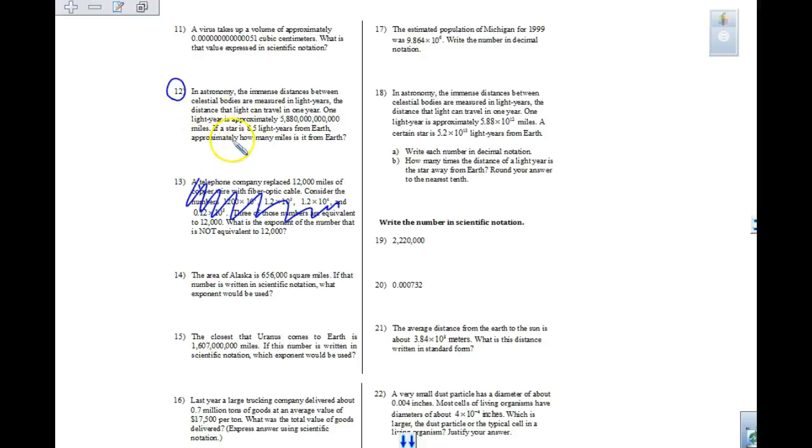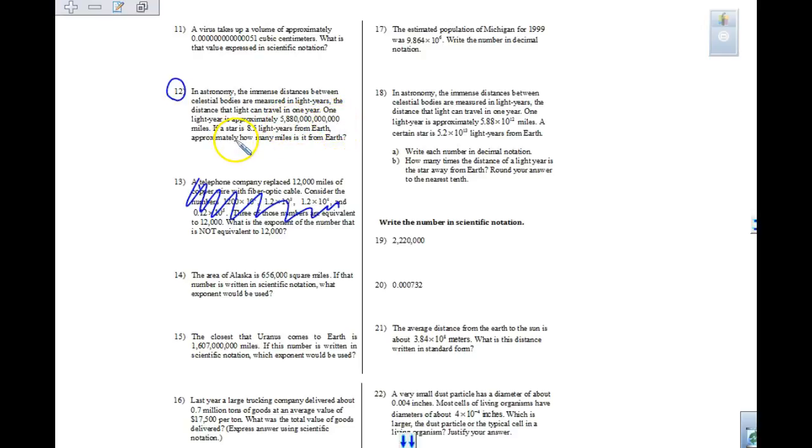Okay, I want you to look up here. It says, there's an immense distance between celestial bodies that is measured in light years. The distance of a light year is what light can travel in 1 year. 1 light year is approximately, huge number, right?